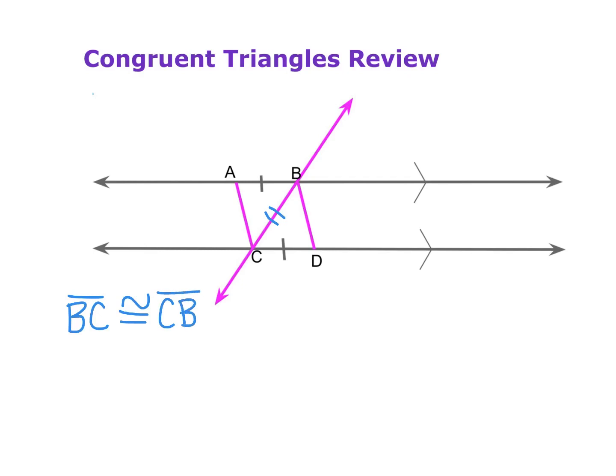And I know that because it is the same side. It's the same side that's being shared between the two triangles that we're looking at. And that is called the reflexive property.